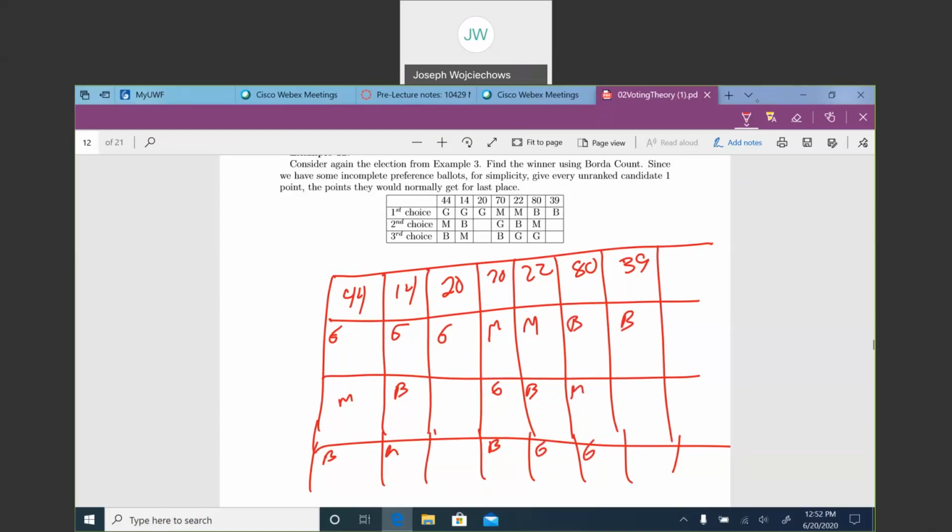So there's 44 here. So 1 times 44 is 44. 2 times 44 is 88. And 3 times 44 is 132. Here we have 14, so that's 14, 28, 42. And here we have 20 times 3, which is 60.